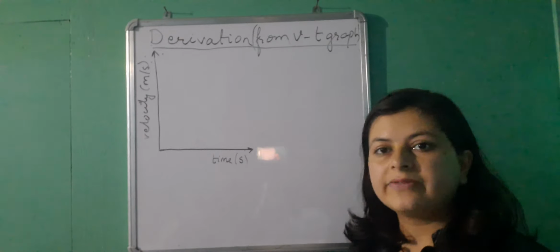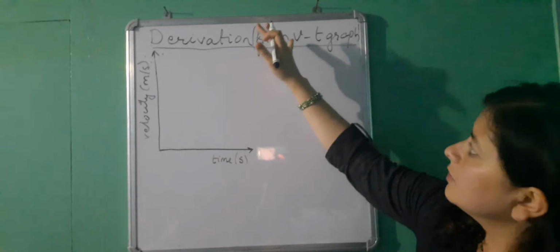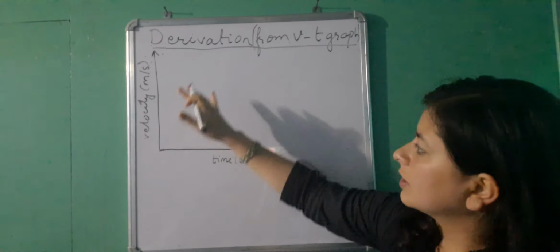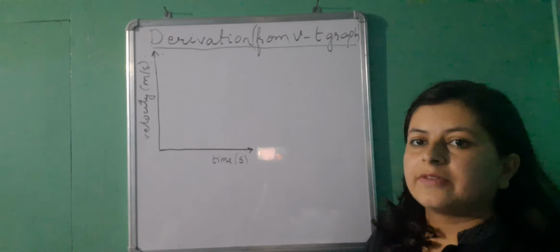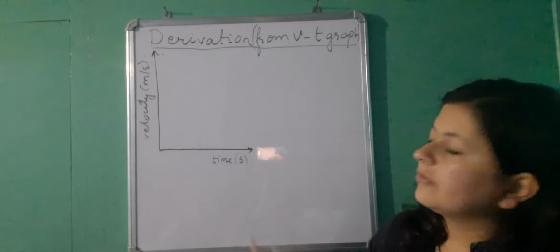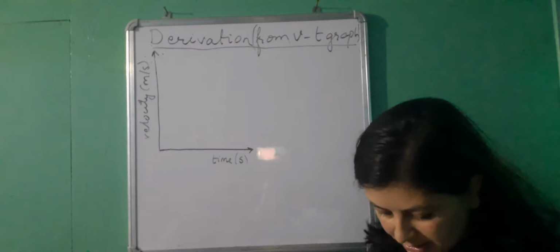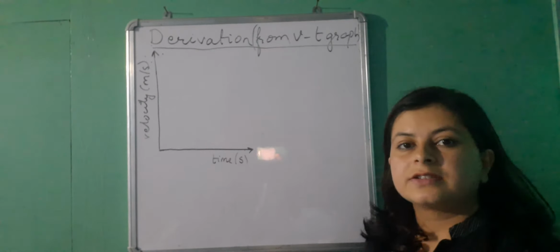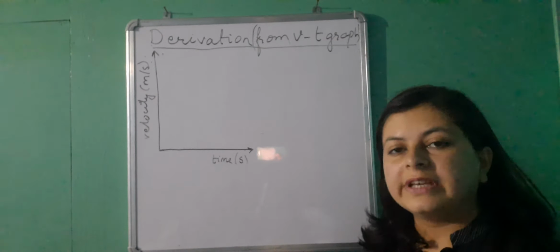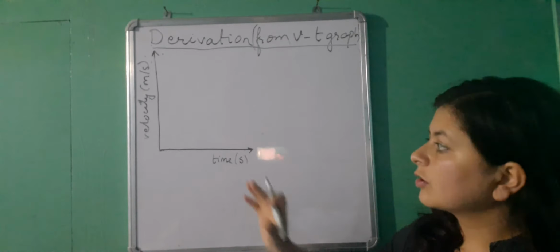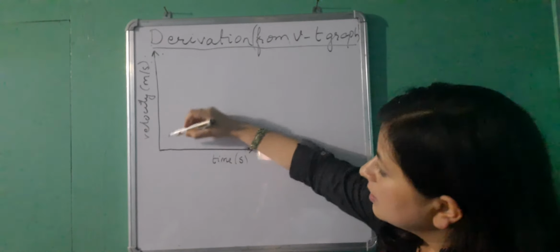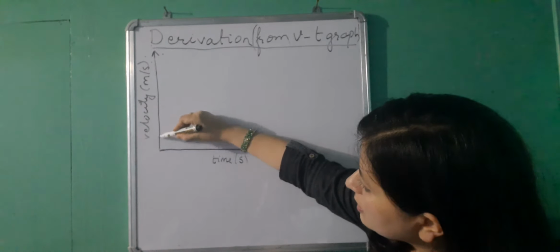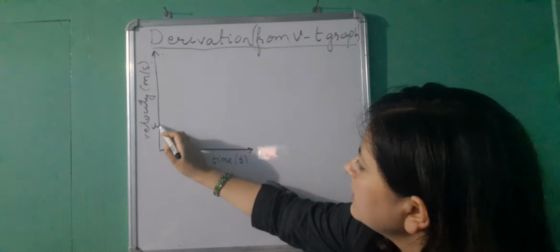Let us now derive these equations using velocity time graph. Here I have plotted the axis of the velocity time graph. To find the relationship where we are going to involve the initial velocity u as well, we are not going to start from 0. Say initial velocity was not 0, it was u. So this is the point where we can write u.